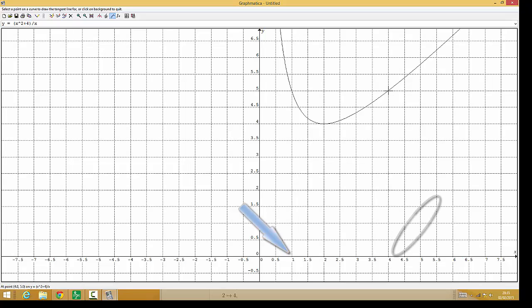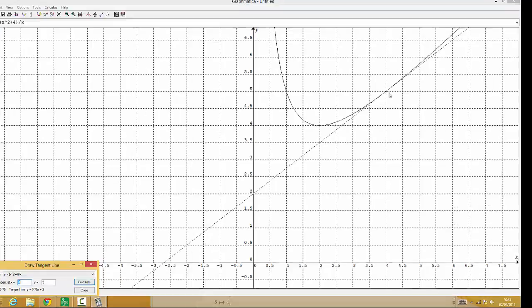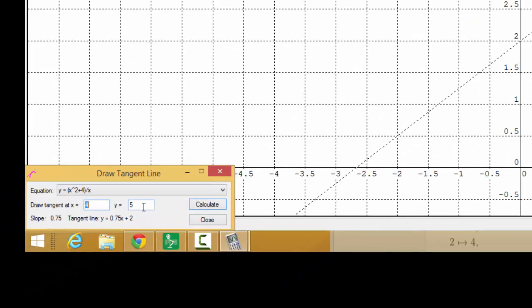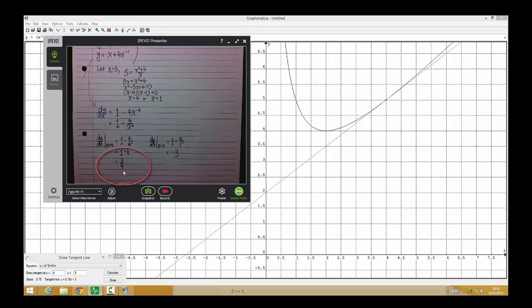I find x equals 4 first. They have drawn a tangent there. The tangent line gives me the gradient of the graph at this point. I draw your attention to the bottom left of the screen. Notice that it says draw tangent at x equals 4, y equals 5. The slope is 0.75, which is what we got earlier, 3/4.